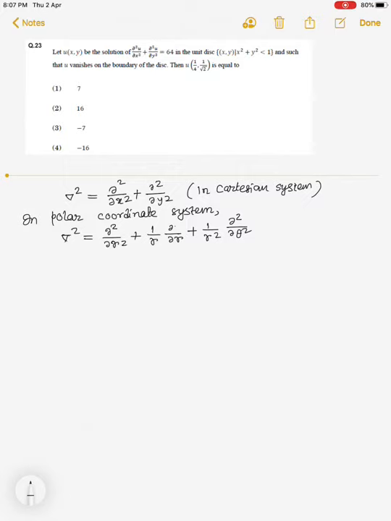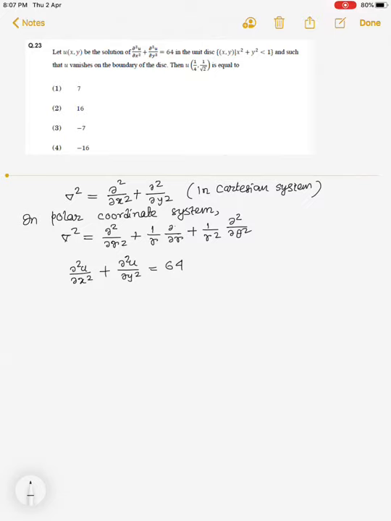Now the given problem is del 2u del x2 plus del 2u del y2 is equal to 64.